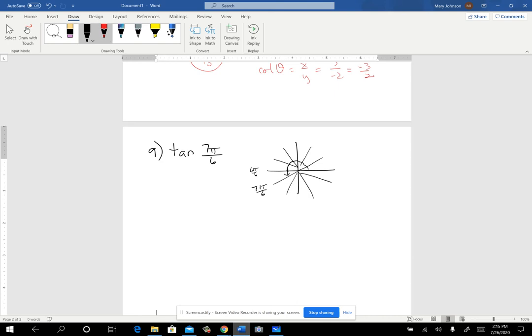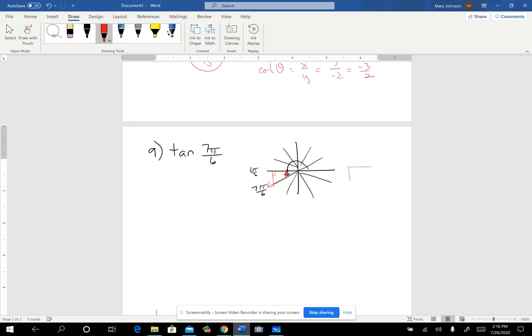But the idea is this: if I want to find a trig function of that angle, I can focus on just this piece right here and think about a right triangle right there, and try to figure out what it is by looking at just that right triangle.